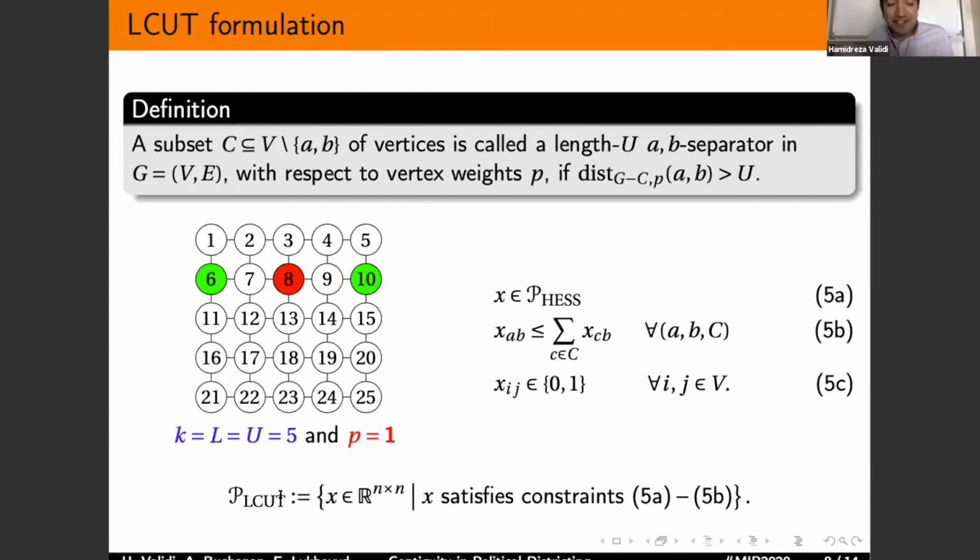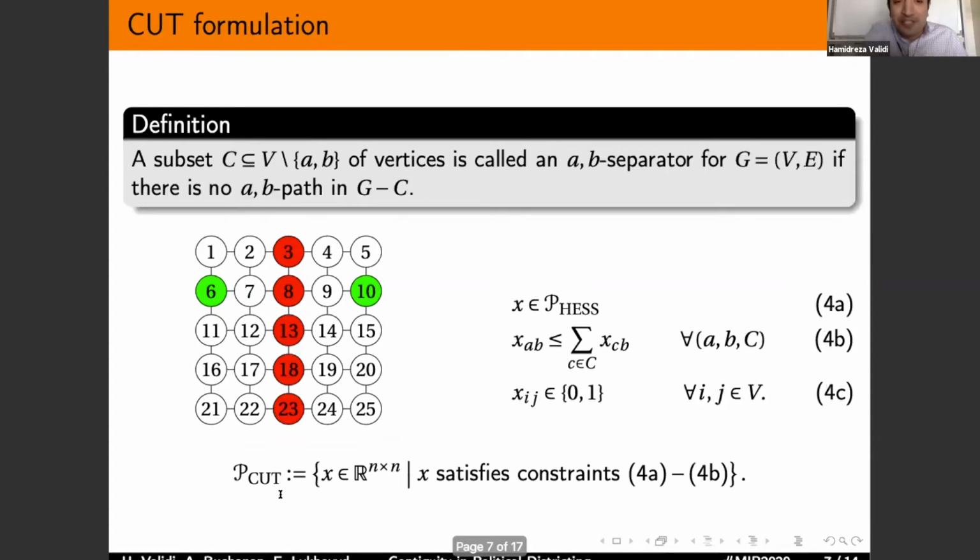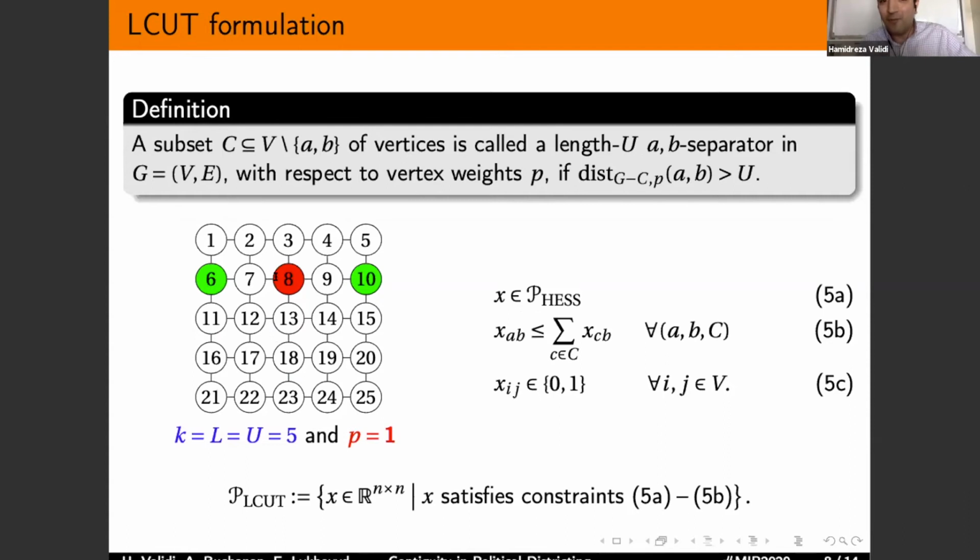We found that we really don't need to consider all these red vertices here. We can actually minimalize these red vertices to, for example, just one vertex. Why? Because we can use the information of the population that we have. If I remove vertex A, the node weight distance between 6 and 10 increased to 7.